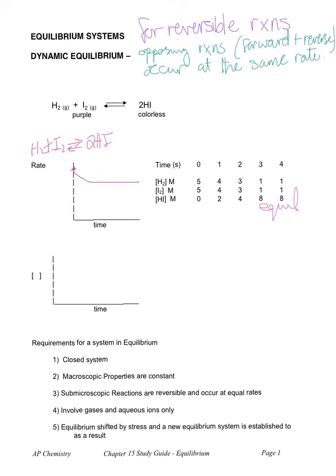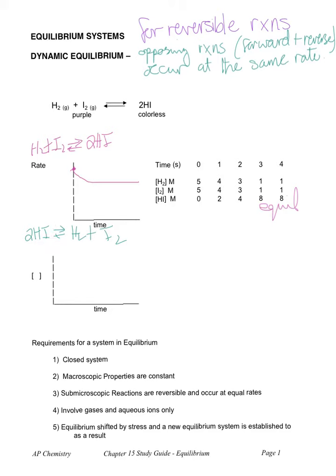Let's look at the reverse reaction now. The reverse reaction is when you take the 2HI and you form H2 and I2. That's going to start at 0. It's going to start very slow because you don't have any products, you don't have any of this for this reaction to happen.